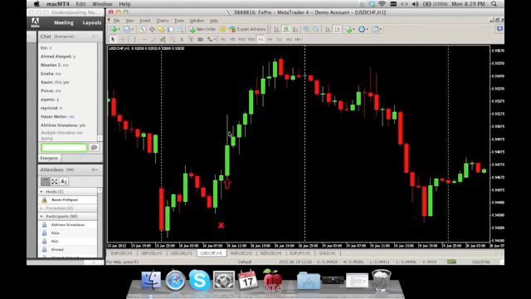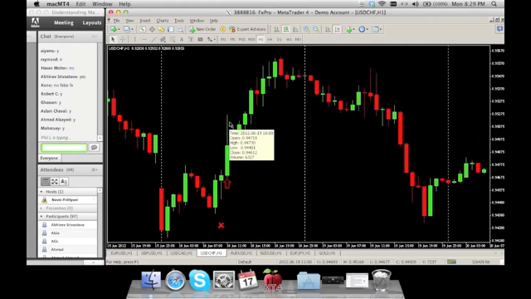Let's say this particular candle closed, and we are here. We had a low, higher low, higher low. We had a high, higher high, and a higher high. We can clearly see the market is in an uptrend. So we have a trend.